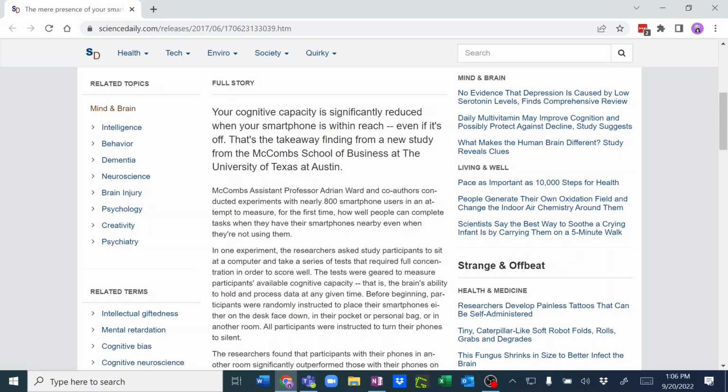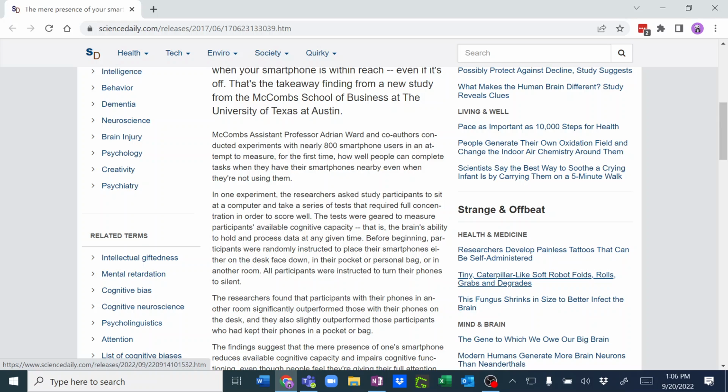So they've done a study with 800 smartphone users. They did an experiment where they had students participate in something that used their logical brain processes and their cognitive capacity. And they either had their smartphone on the desk face down, or in their pocket or personal bag, or in another room altogether.